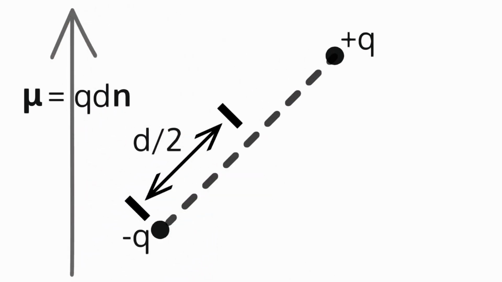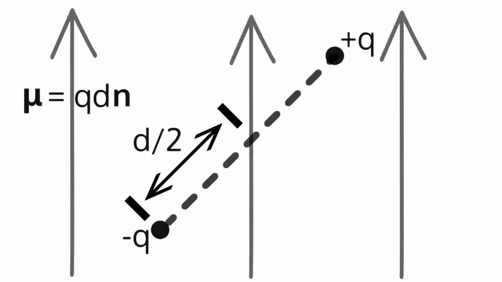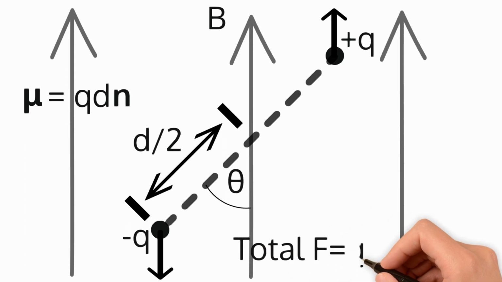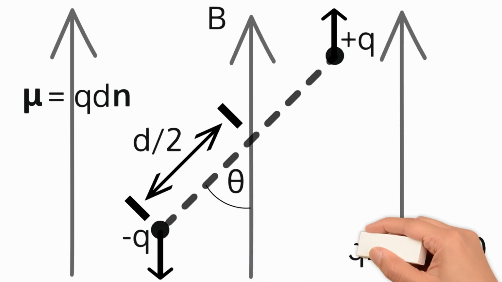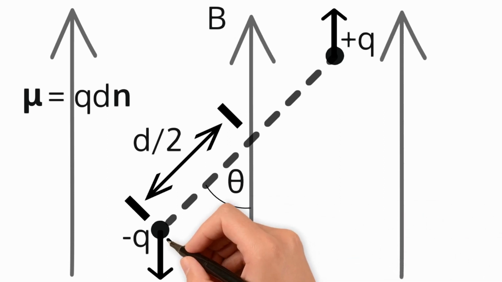It's finally time to apply an external magnetic field, B, at an arbitrary angle theta. The force on the monopoles is plus or minus qB, respectively. So summing forces, we can see that there is no net force on the system, so there is no translational movement. However, there is a torque on the system.